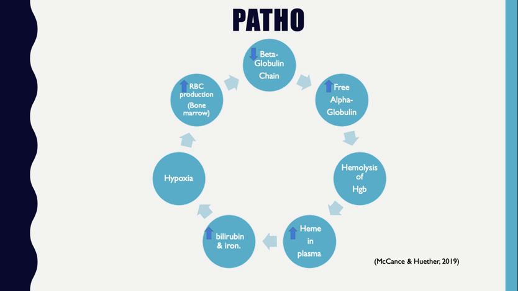There is an increase in heme molecules independently, and also an increase in bilirubin and iron. Because of all of this, hypoxia occurs. So the bone marrow and spleen are signaled to increase red blood cell production, thus starting the whole chain of events all over again.